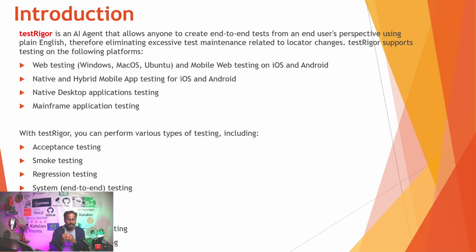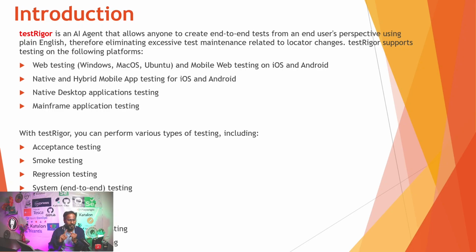So with testRigor, you can perform various types of testing on all these platforms: web-based testing, native hybrid mobile app testing, native desktop application testing, mainframe application testing. What are all the different types that you can perform?